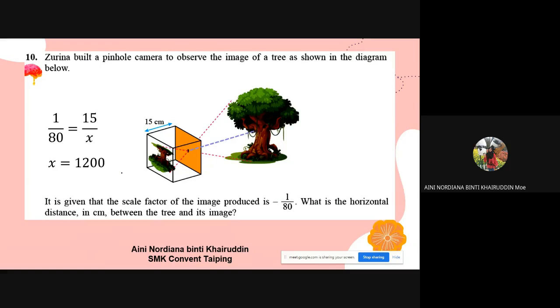So the answer is the distance is 1,200 plus 15.